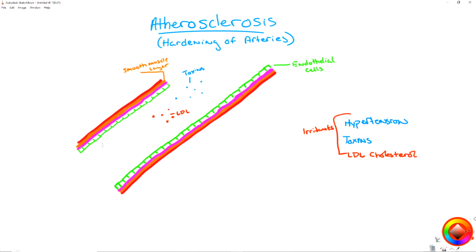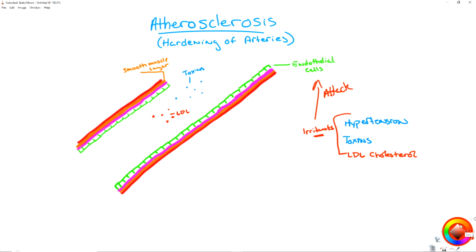All right, so in your vascular structure, you have the three walls of the vasculature itself. And remember, the middle one is going to come into play here. That's your smooth muscle layer. And then on the very inside of the vasculature, you have one single layer of cells, and that's an endothelial cell. It's a single layer, and that is where these toxins are going to start attacking the endothelial cells.